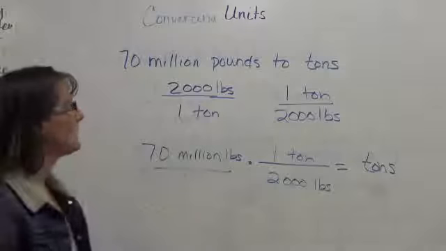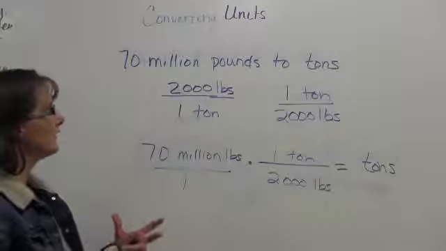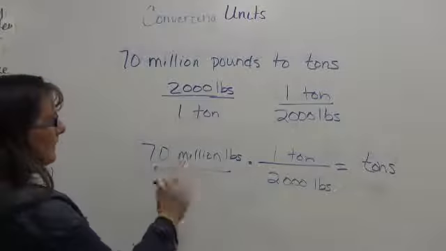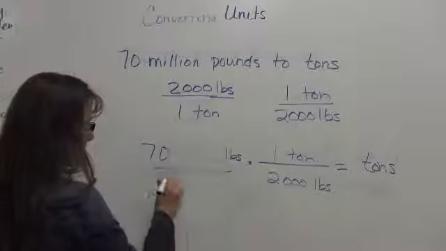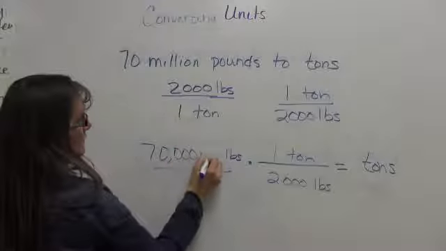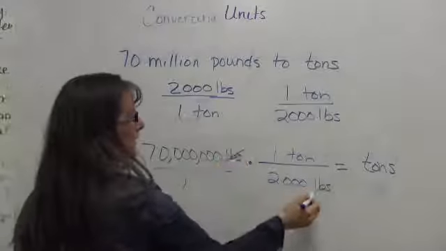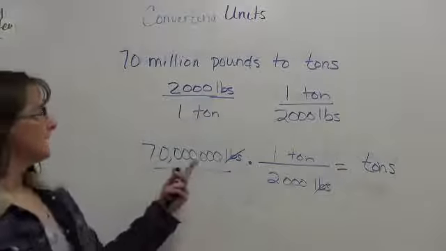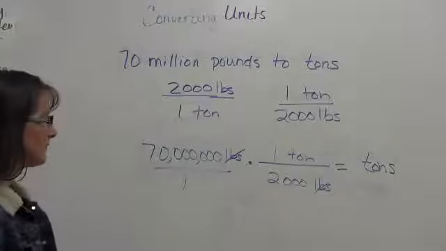Okay, this one changes up just a little bit because it's not just quick math. So I need to go back and erase my million and actually put my zeros. Recall that a million is going to be 6 zeros. My pounds are going to cancel out this time, but unfortunately, my numbers are not because I don't have a 1 on the bottom here.